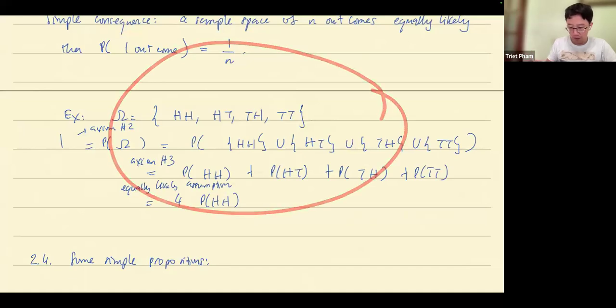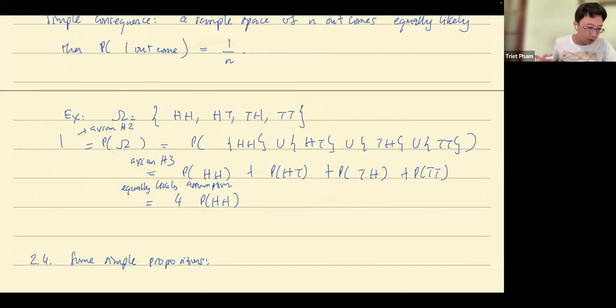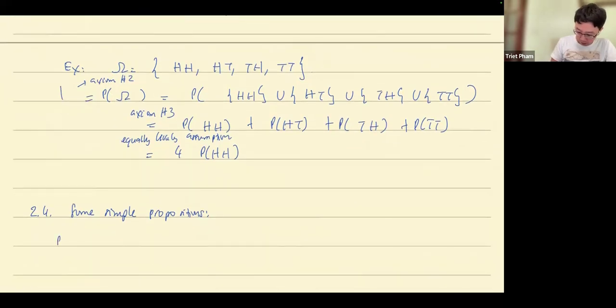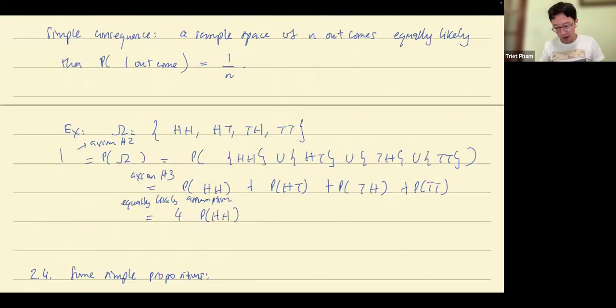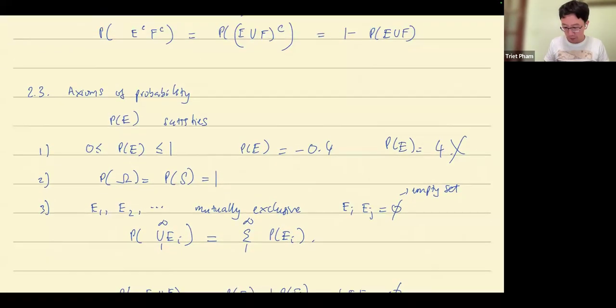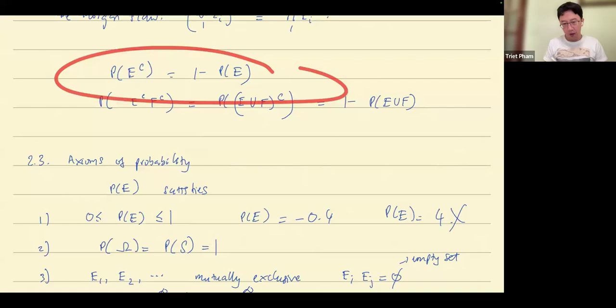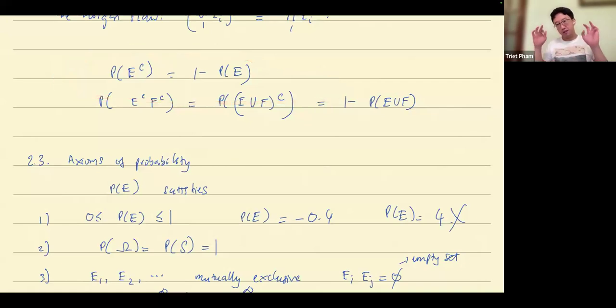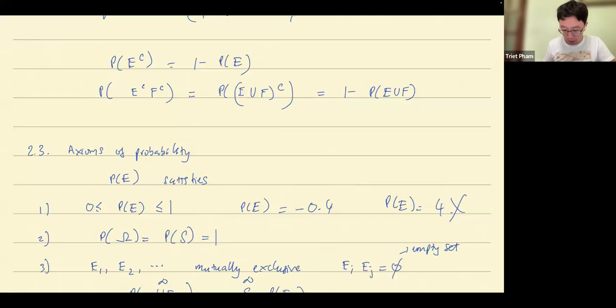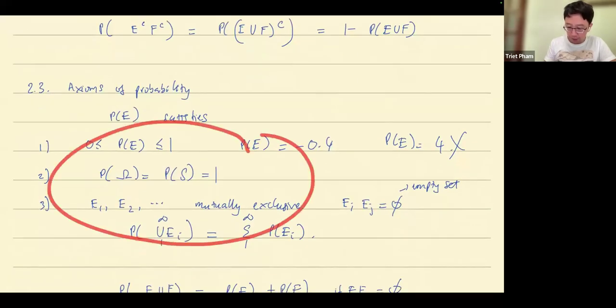Continuing along that theme, the first is that the complement is 1 minus that. I don't think this is surprising to anyone. I even used this, I even wrote this down before. But notice, this is something that is to be proven using the axioms, right?